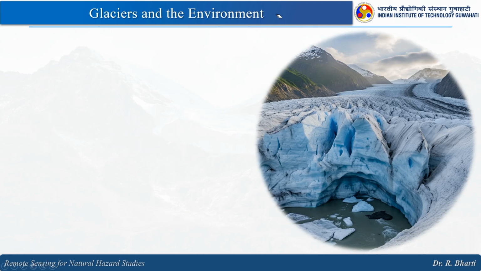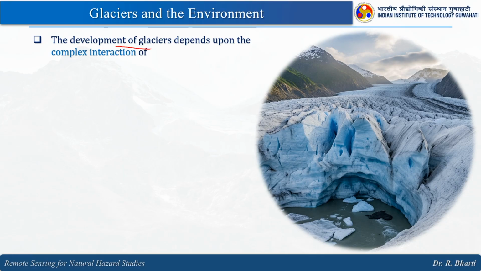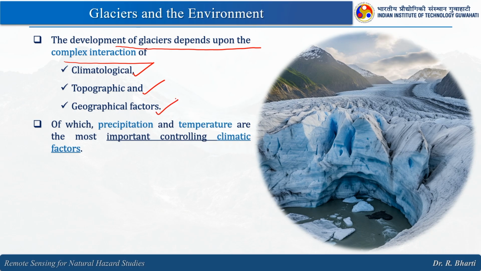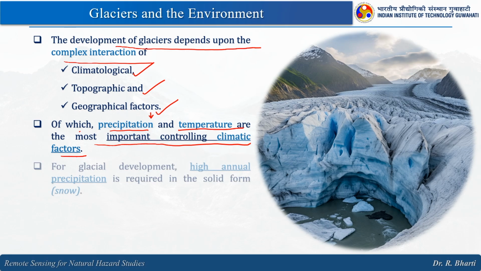If you see the glacier and the environment, the development of glaciers depends upon the complex interaction of climatological, topographical and geographical factors, of which precipitation and temperature are the most important controlling climatic factors, because this will decide whether you will have positive mass balance or negative mass balance.